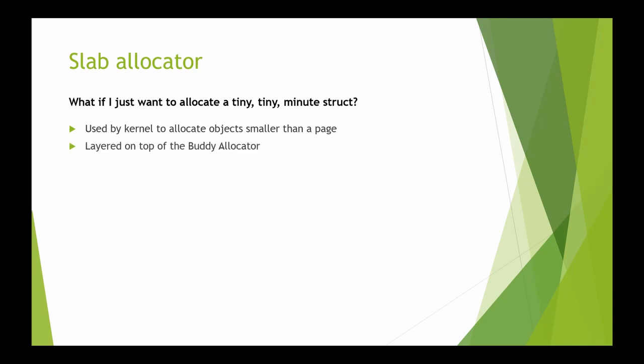The slab allocator is used by the kernel to allocate objects smaller than a page. It is layered on top of the buddy allocator, and it provides off-the-shelf initialized objects that are ready to be used.